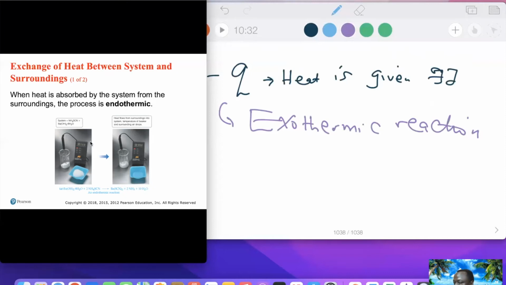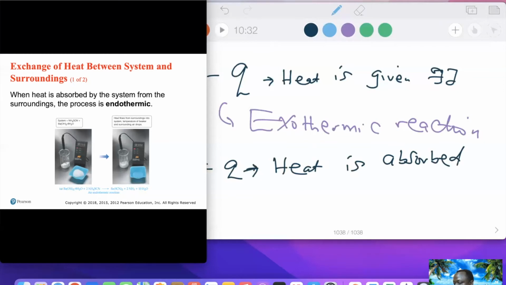But positive Q, it is absorbed, right? Absorbed, that means from the surrounding. We absorb it from the surrounding.